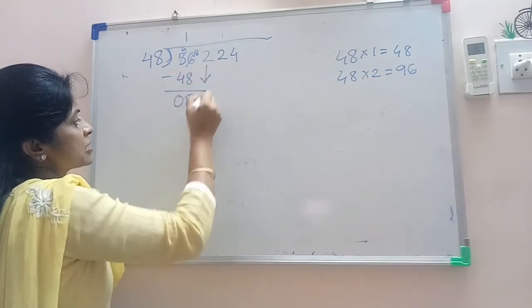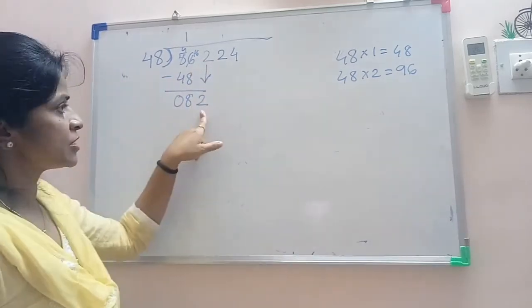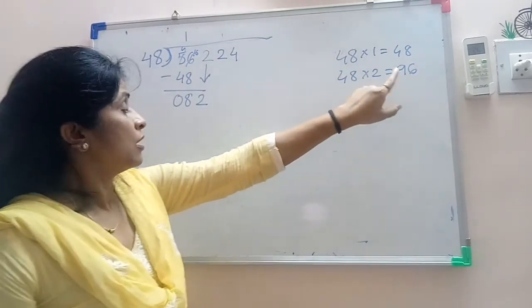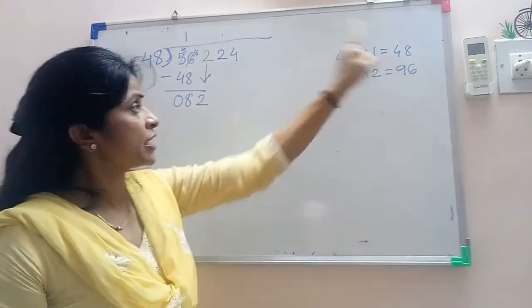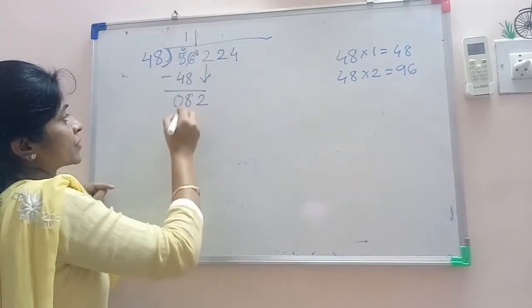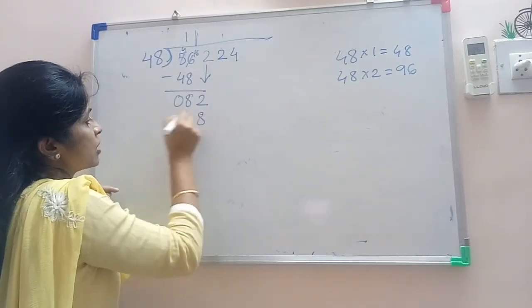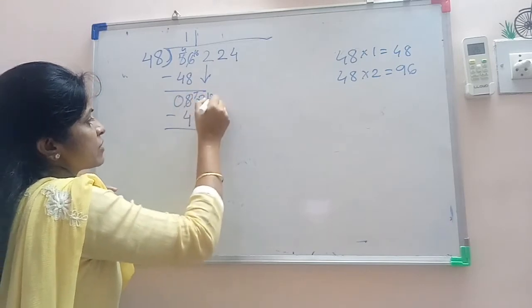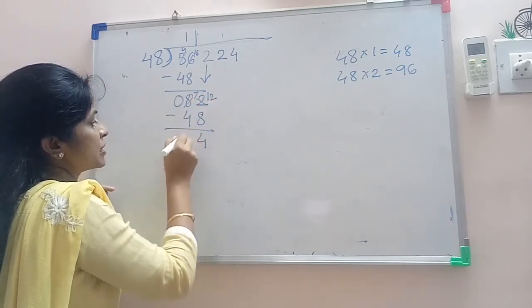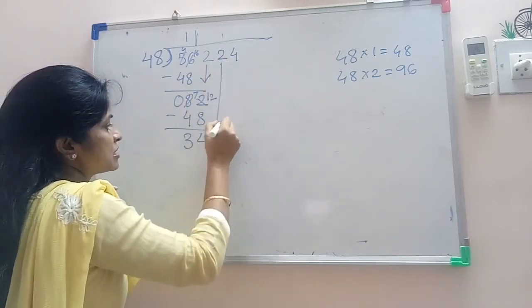Now we will take the next number down. Again we are having 82. 96 is greater than 82. So again we have to take 48 ones are 48. Now we will subtract it. Again we have to regroup the number. Now that becomes 12 minus 8 becomes 4, becomes 3. Now we have to take this number down.